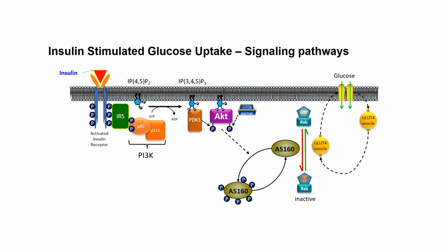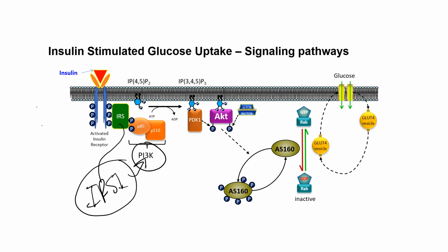Now, IRS1 is a docking protein. IRS1 is not something that goes around and phosphorylates things. IRS1 has been activated by being phosphorylated. And then what it does is it docks to this other protein, which is PI3K. What IRS1 does is it docks to PI3K, and when PI3K has been docked to, PI3K has been activated.